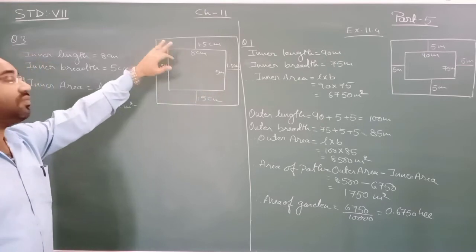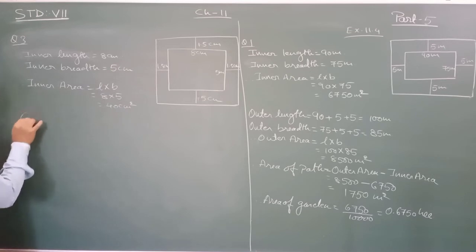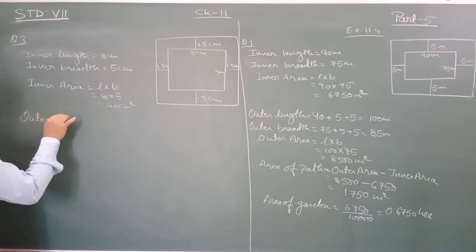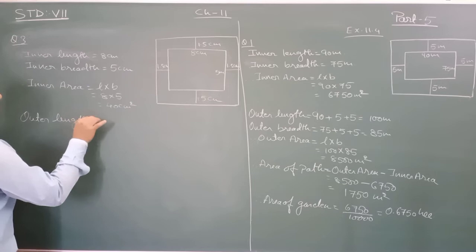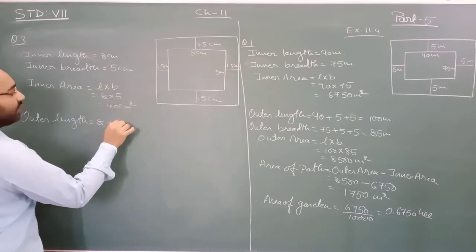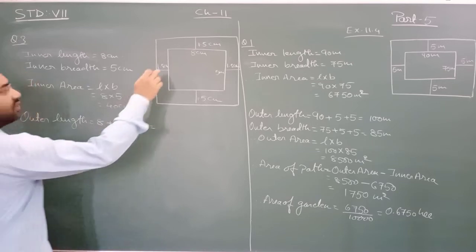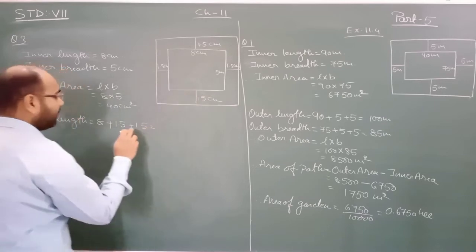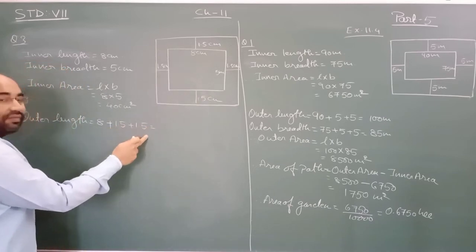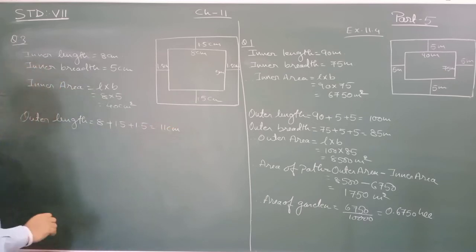अब मार्जिन से 1.5 सेंटीमीटर on all the 4 sides. So what you have to do, outer length कैसे होगा, 8 plus 1.5 plus 1.5, on both the sides आ जाएगा 1.5, 1.5. So 1.5 twice is 3 and 8 plus 3 it will be 11 centimeter.